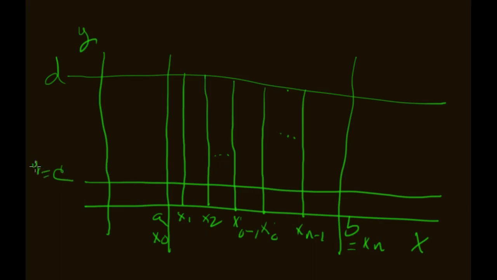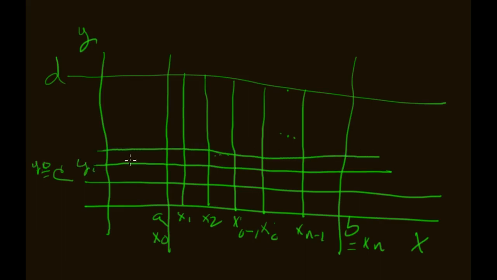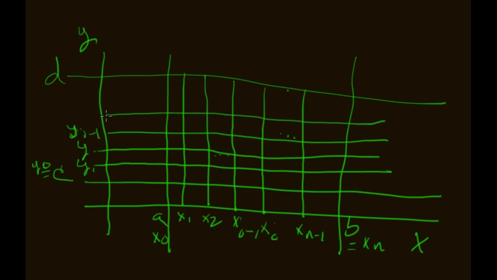C is y0. Right, so we cut across, we get a y1, a y2. We jump up a little bit. We're going to call this one y j minus 1. We're going to call this one y j. And then we'll get a y m minus 1, and d will finally be y sub m.